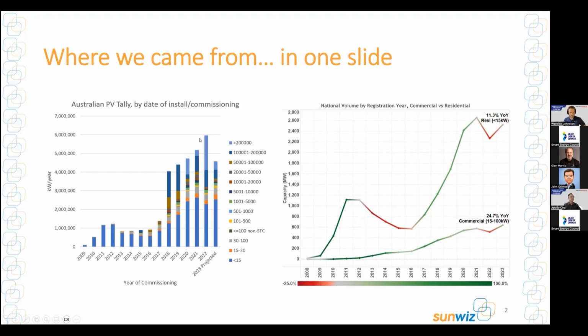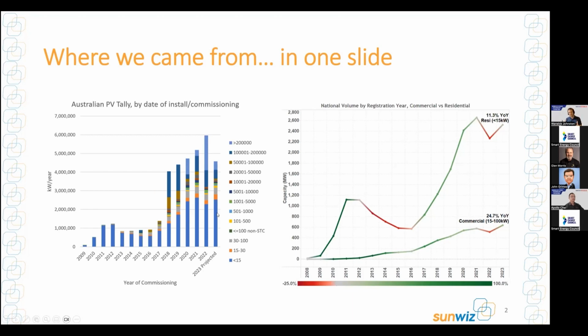if you ignore the grid scale PV, then what you see is 2023 was a year which was very, very close to our peak year of 2021 in most segments, and as a result, significant growth also from 2022. So if we took away the anomaly of COVID and locking people in their homes and forcing them to buy solar power systems, you could almost draw a straight line through there.